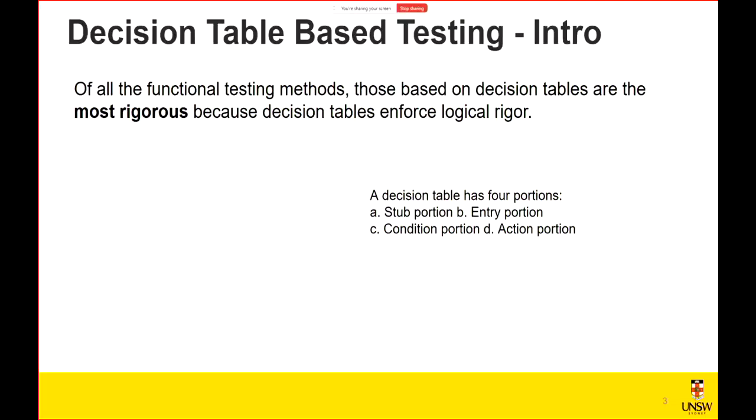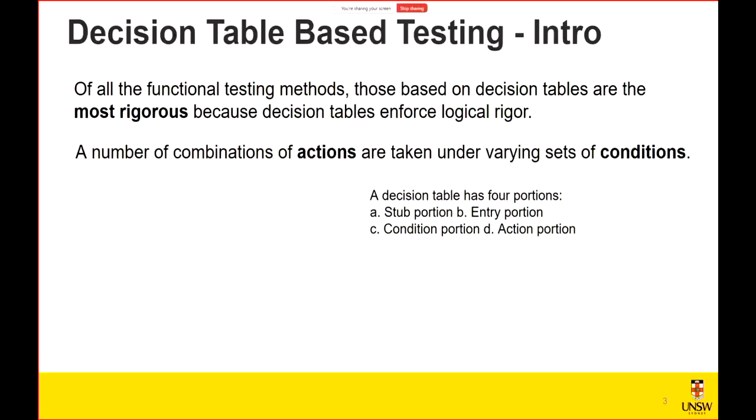And normally, a decision table has four portions: the step portion, the entry portion, the condition portion, and the action portion. So the basic idea is to see how different actions are taken by the program under different sets of conditions provided by the user.